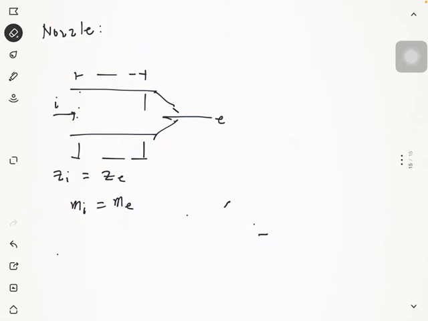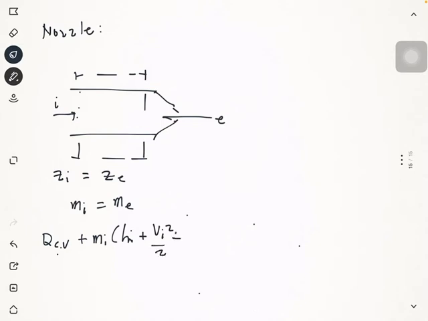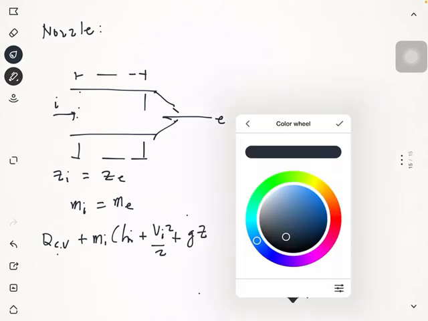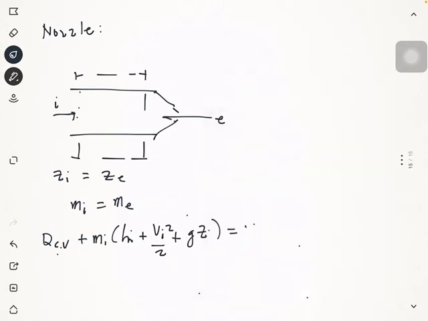So the general equation of our first law becomes, considering this nozzle and considering a steady state, steady flow process, Q_CV plus m_i (h_i plus V_i squared over 2 plus g z_i) equals m_e (h_e plus V_e squared over 2 plus g z_e).